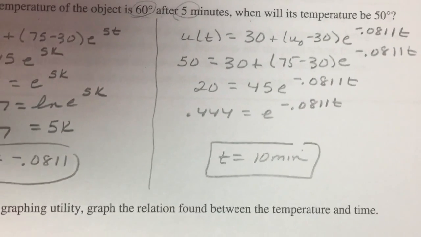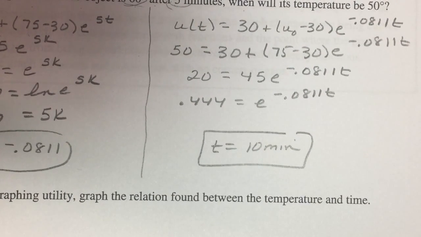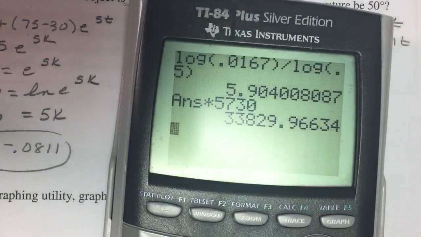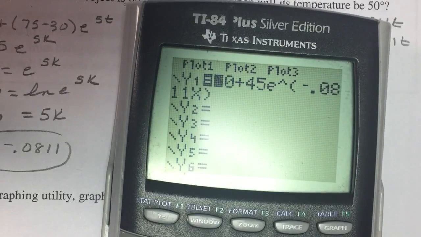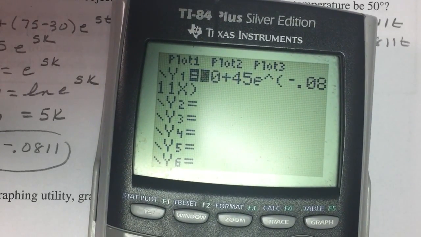Now it says using a graphing utility, graph the relation found between the temperature and the time. I've already put this in my graph. I've put the original equation in there. So it's 30 plus 45, because that's the 75 minus 30, e to the negative 0.0811x.